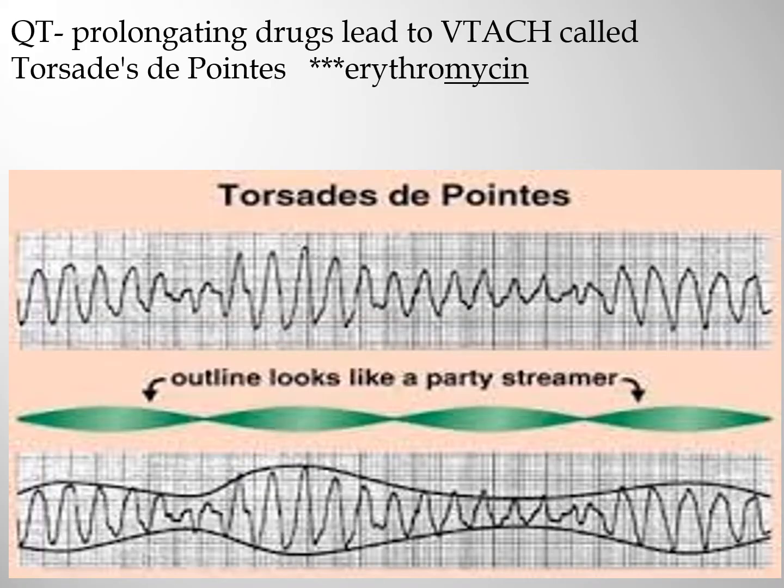Okay, and so here's what torsade de pointe looks like, and really this is just so you understand it a bit. If you look at the waves going up and down, they're not even. Some of them are smaller, some of them are taller, and then they become small again. So torsade de pointe is a French term meaning turning around a point.